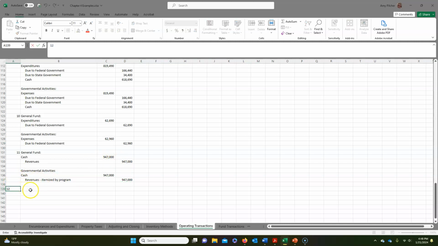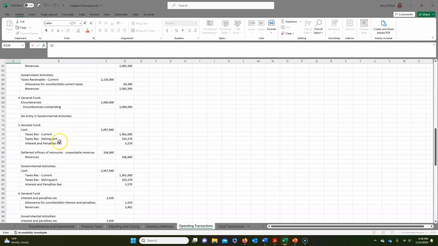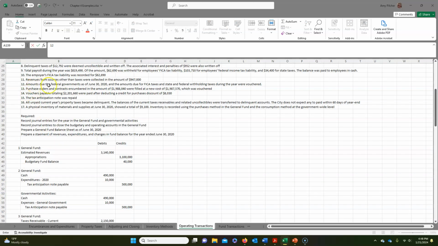Transaction 12. We are going to pay the amounts due to the federal government and the amounts for taxes during the year.